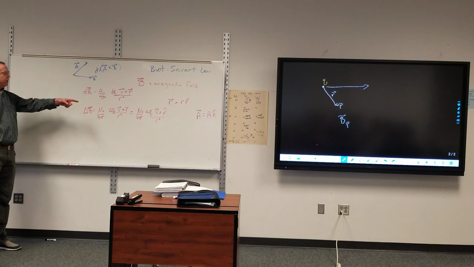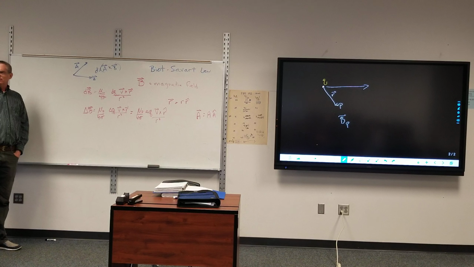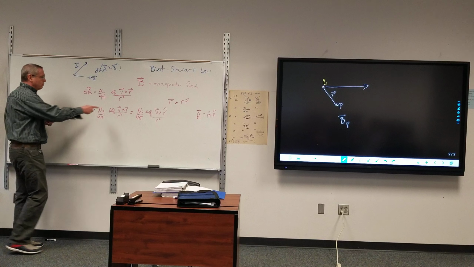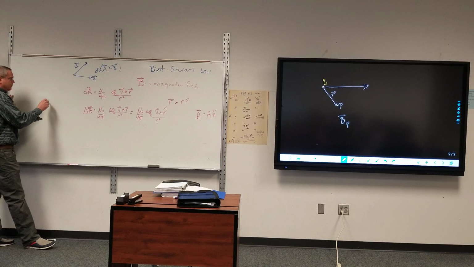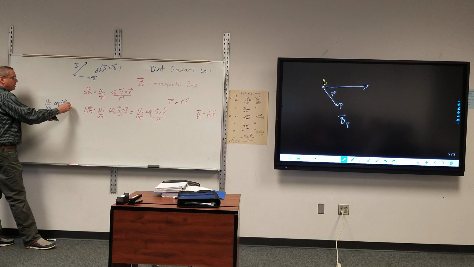So if I have a moving current here, I should be able to express this in terms of current then. And then what is, well, you tell me, what's velocity? Delta X over time? Yeah. So I can replace that V with delta X over delta T, so I've got mu sub naught over 4 pi, delta Q times delta X, that's the vector, delta T, cross R over R cubed.